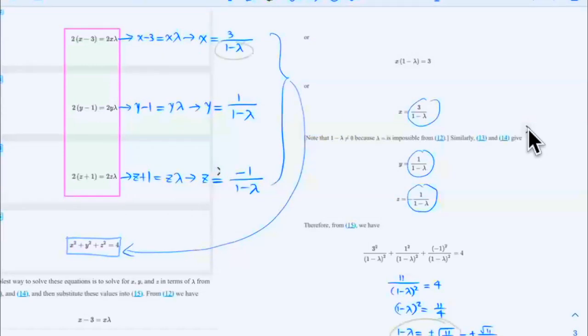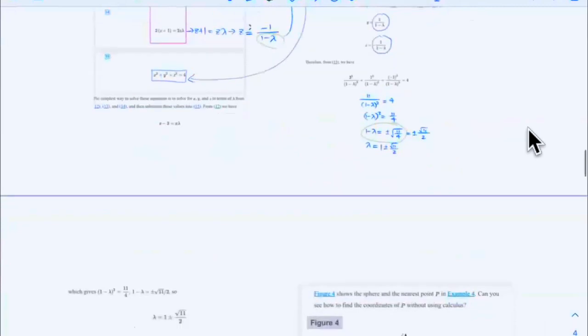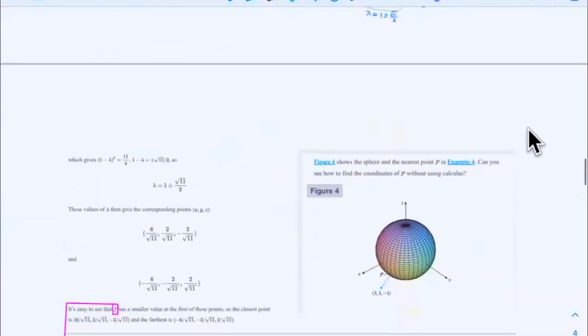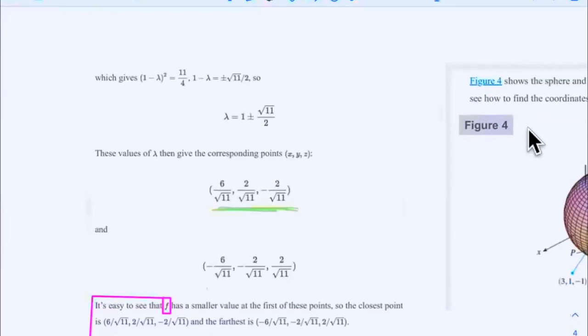You can put it here in the denominator, and then you do the algebra. Then you get the x, y, and z right here. This is the x, y, and z. This one or this one.